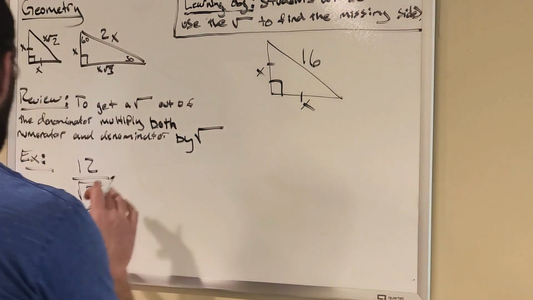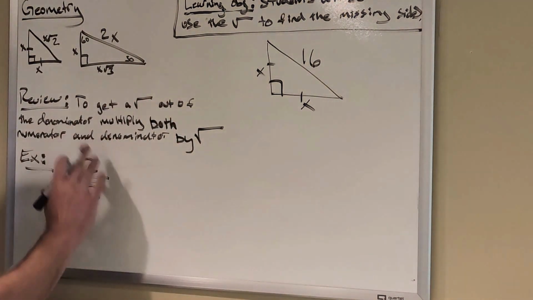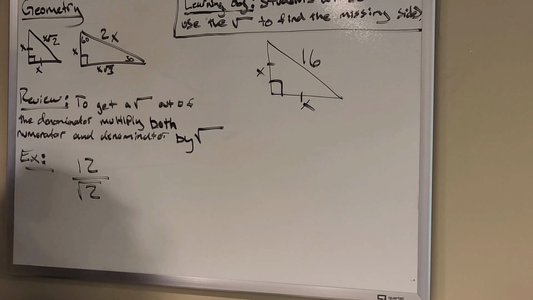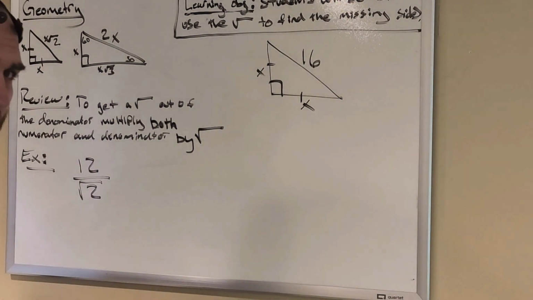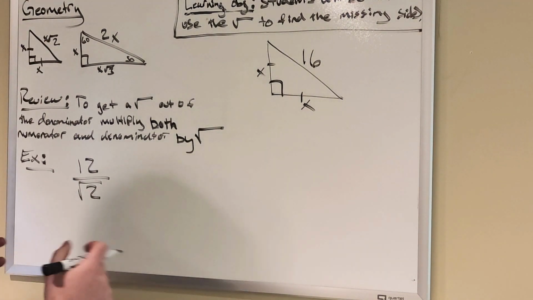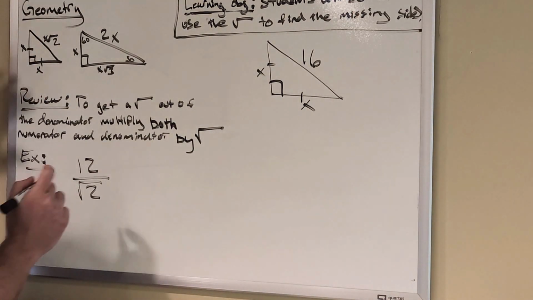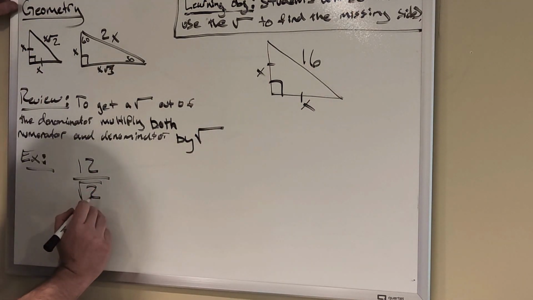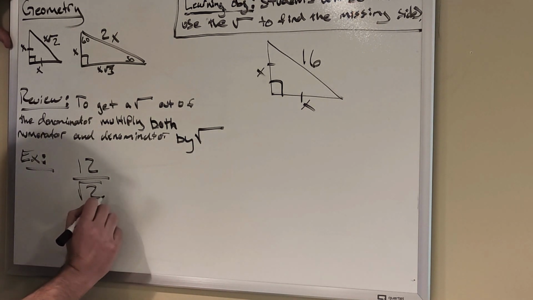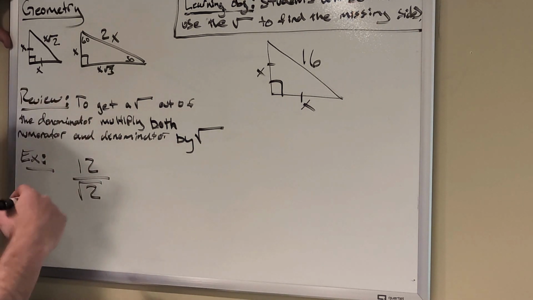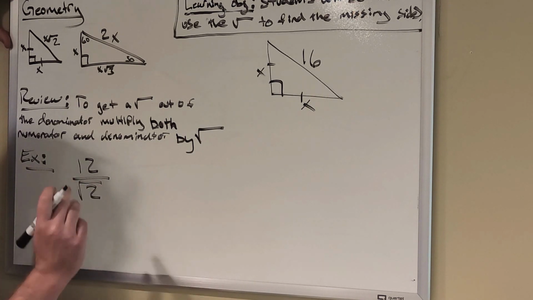So I'm just going to review something we may have forgotten, that we talked about earlier in the year and it just slips away because we covered it quickly. When you have a radical in the denominator of a fraction, in the bottom of the fraction, you cannot leave it that way.